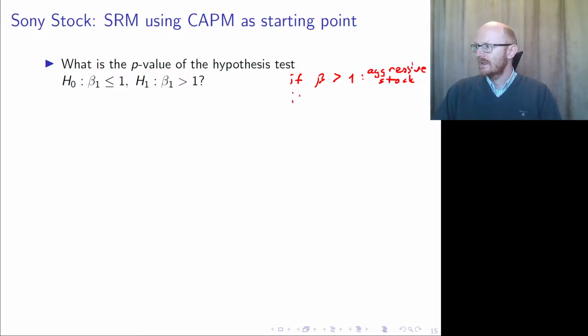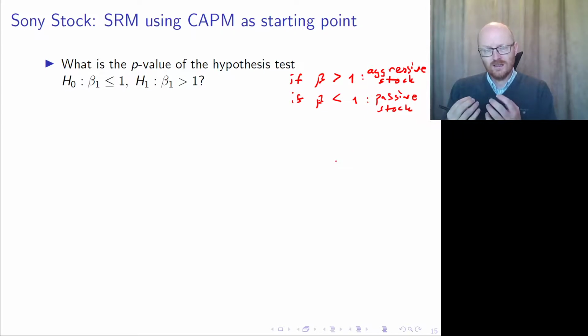And if beta is less than 1, then you have a passive stock, okay? Because your stock is not moving with the market as much, right?